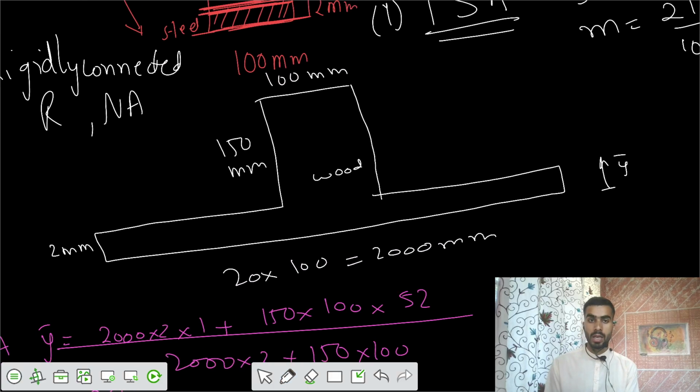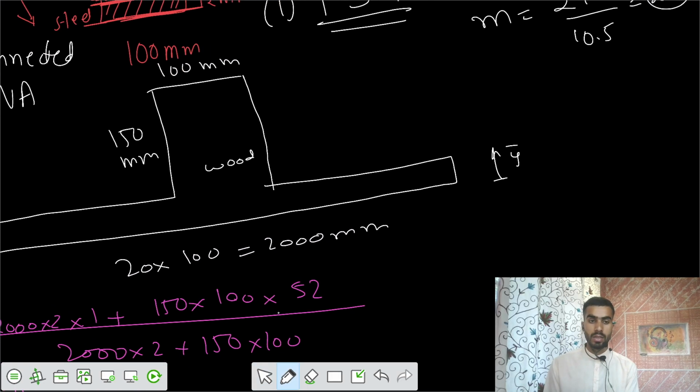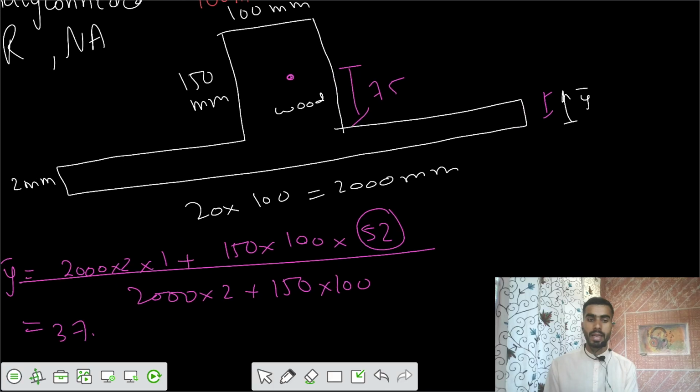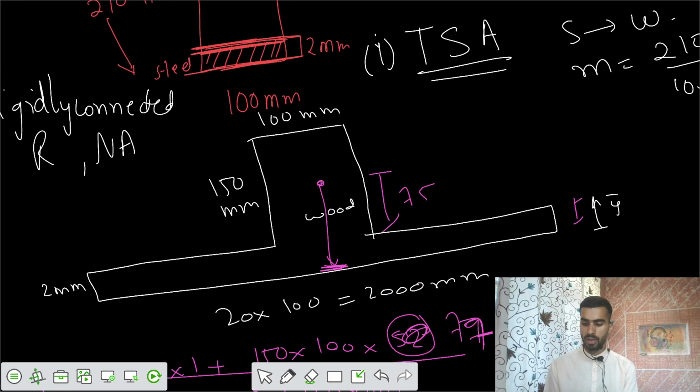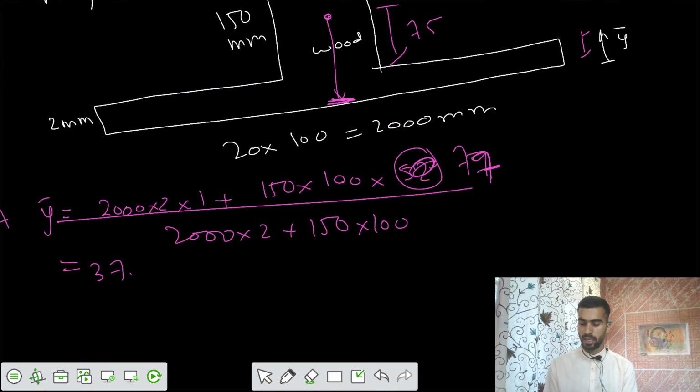Actually, this was 52. You have this centroid, so this was 75 plus that value of 2. So 77. The centroid of that area is from this reference line, that is 2 plus 75, a total of 150 here.